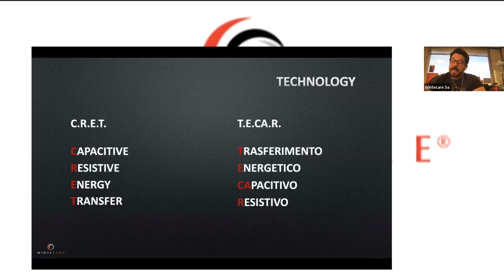We are transferring energy that can be measured, in joules, and we do that in two modalities, capacitive and resistive. Why two modalities? Because these allow us to control where this energy is accumulated. Based on where it is accumulated, we can better control the physiological responses, where they are going to happen, so that we can control the clinical result.